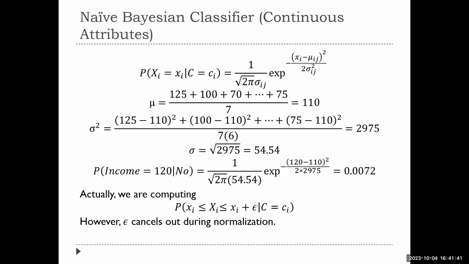So we have the sample of the data, and then we have the age from 75 to 125, and we have the income from 75 to 125. What is no? From the class.